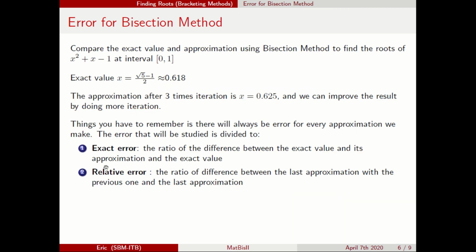We usually don't have the exact value. If we have the exact value, we can find the exact error, but in real problems we cannot, so we can only use the relative error.